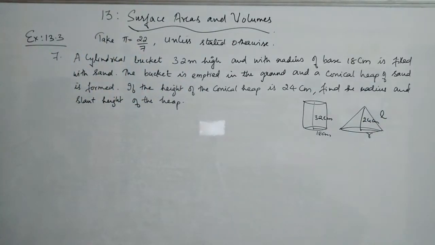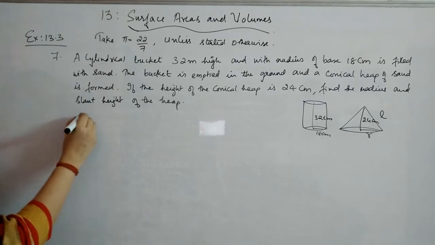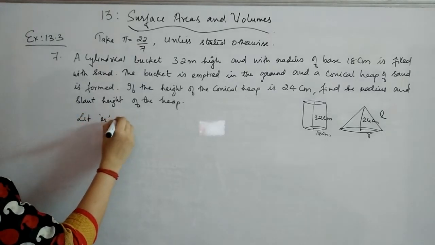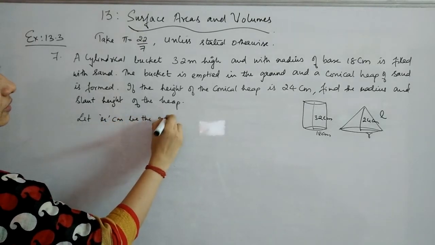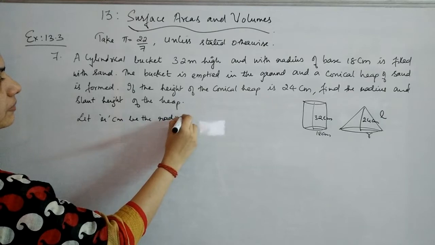So first we will move on to the same concept, that is, the volume of the cylindrical bucket will be the same as the volume of the conical heap. Let r centimeters be the radius of the conical heap.